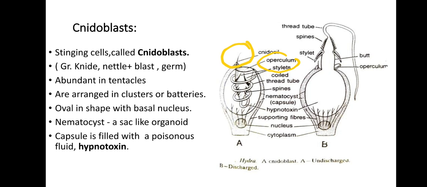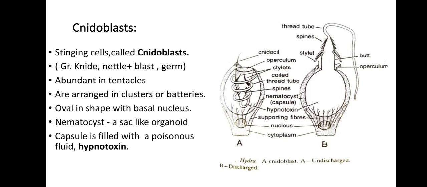So that is the structure of the cnidoblast. It has a nucleus, cytoplasm, then a capsule, then a tube-like thread, and the base of it is called the butt, surrounded by the stylets, three spiny structures.